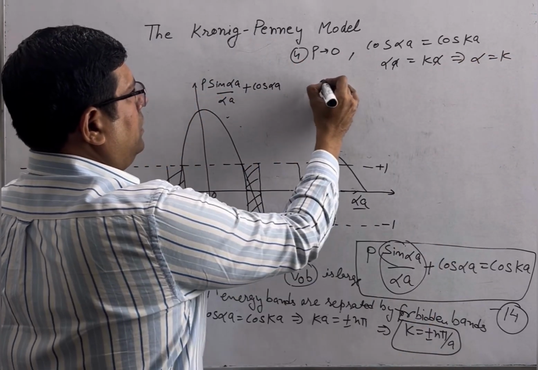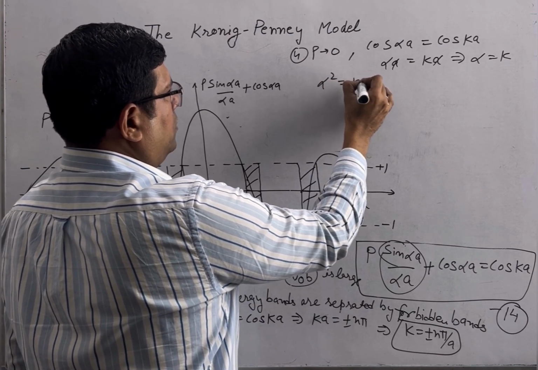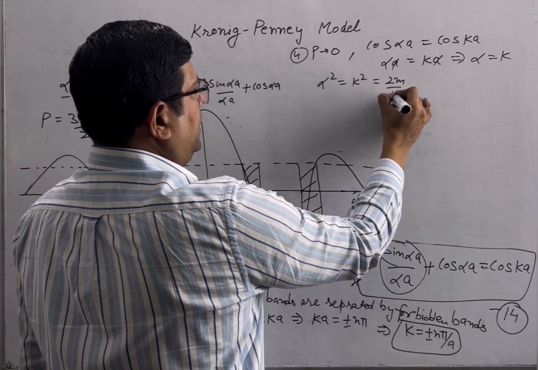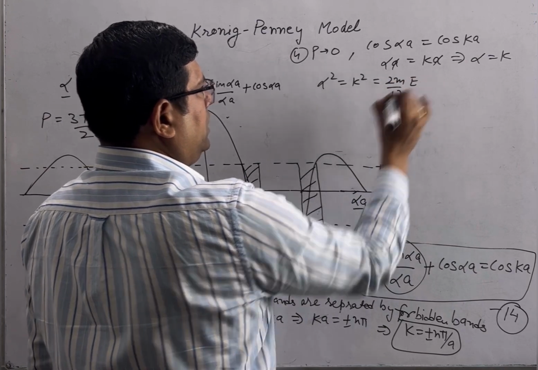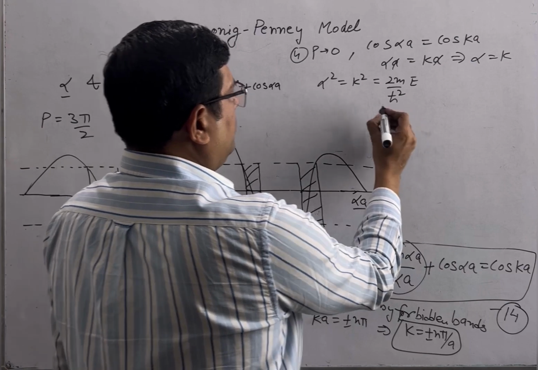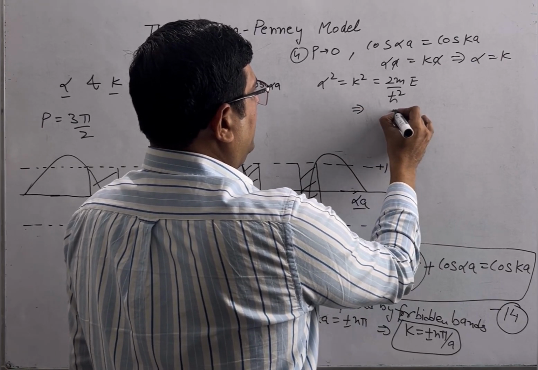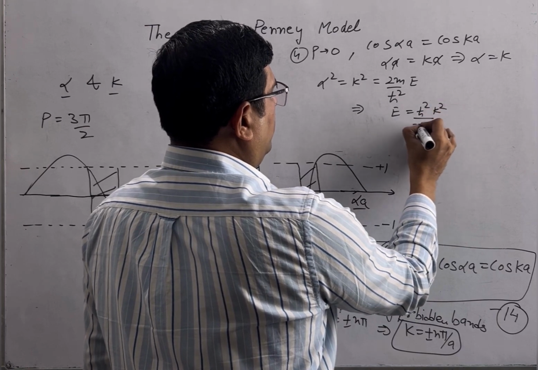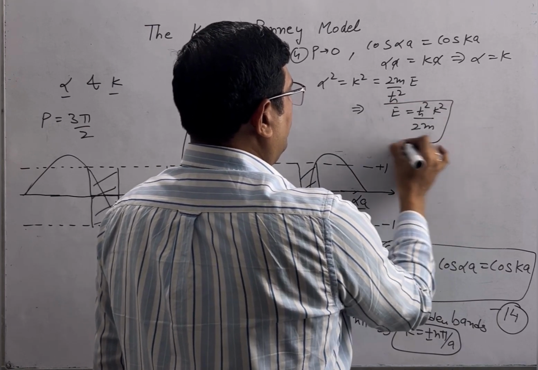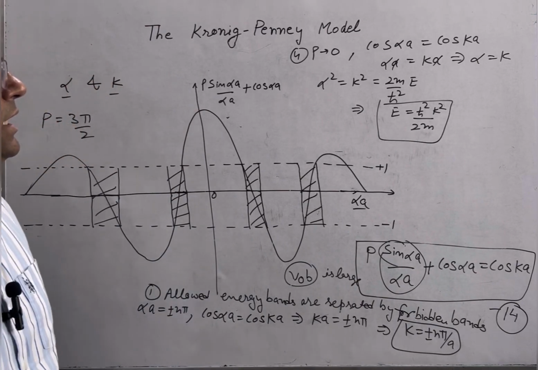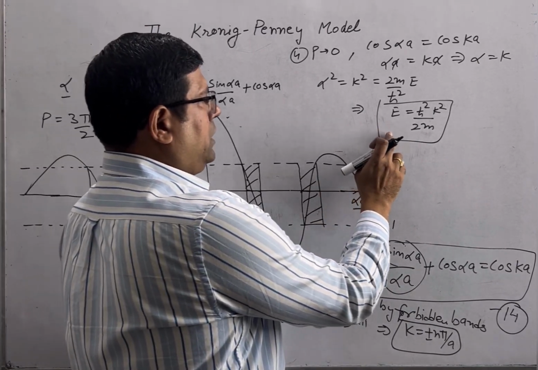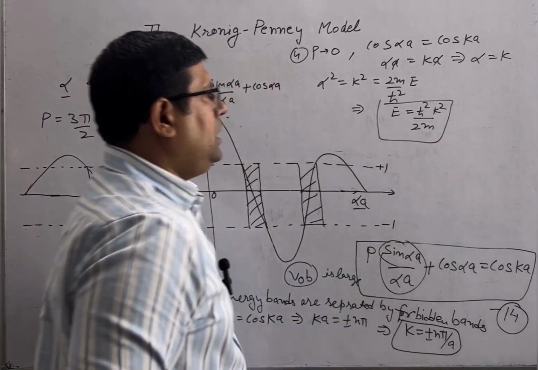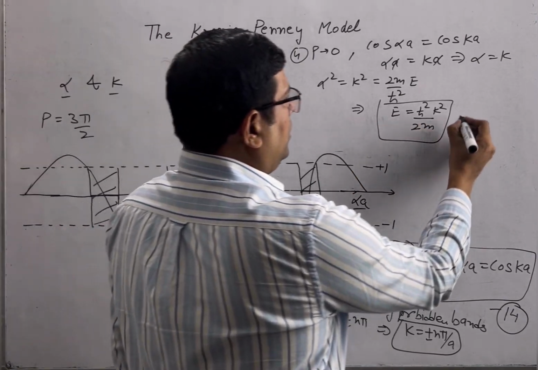Okay, and alpha square will be equal to k square, and we know alpha square is 2m upon h cut square into E. Now from here we get E equal to h cut square k square upon 2m. This is the case for free particles. When the particle is free, then we get energy like this. We can prove this from here.